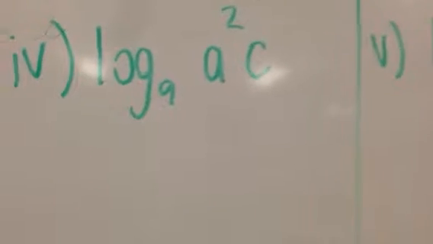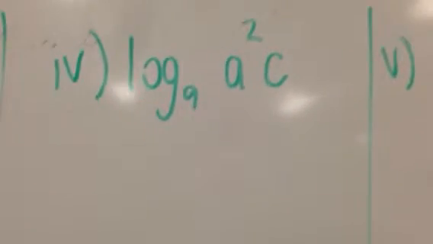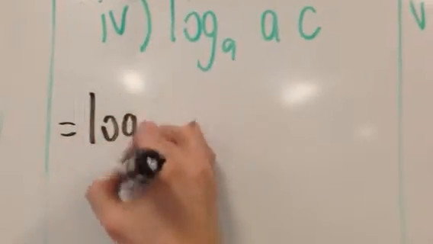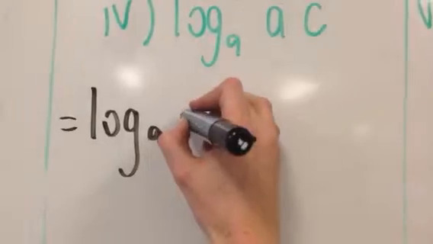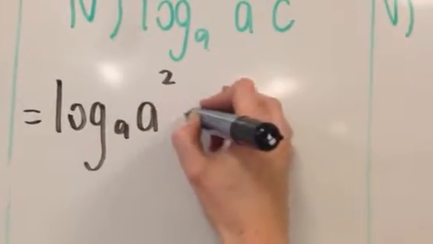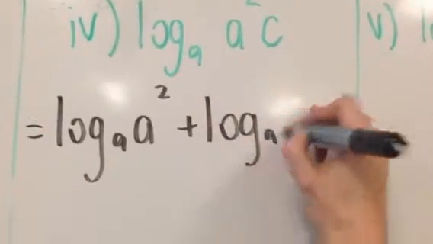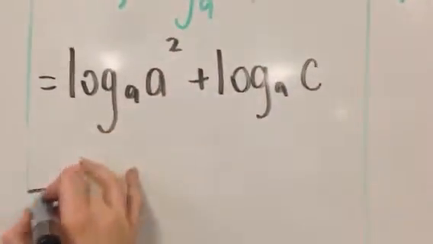Okay, let's have a look at this next one. Well, this is pretty much the same question, isn't it? I've got log base A, this time of A squared, plus, because it's a multiplication, log base A of C. I'm going to do exactly the same thing here.